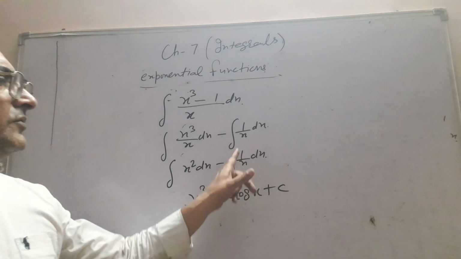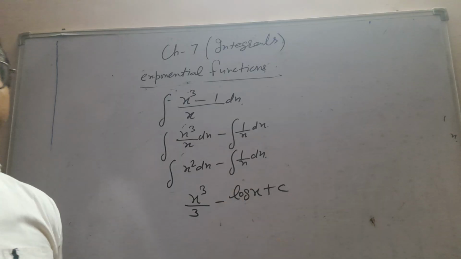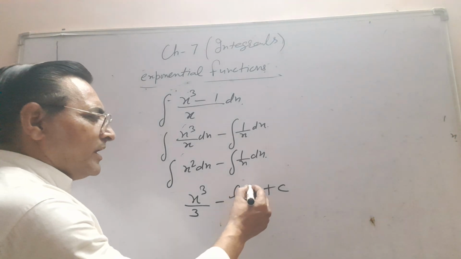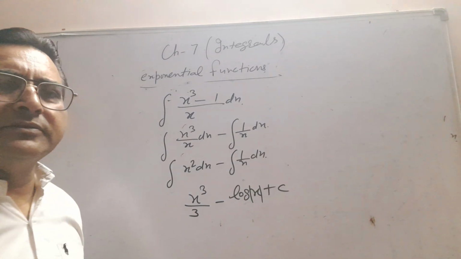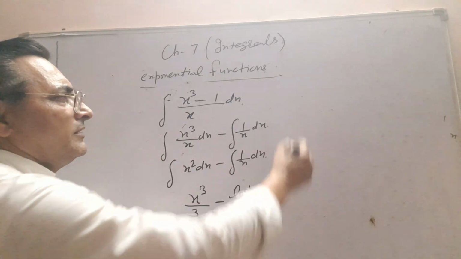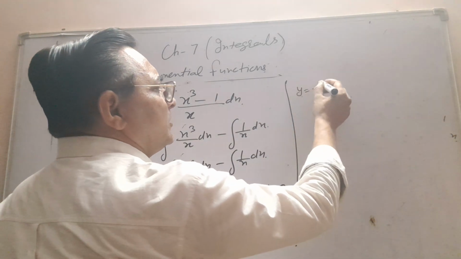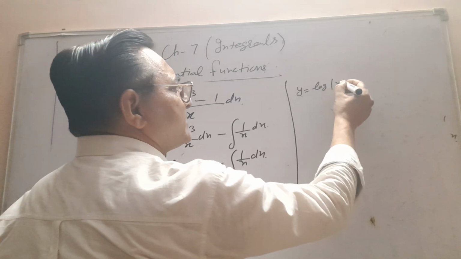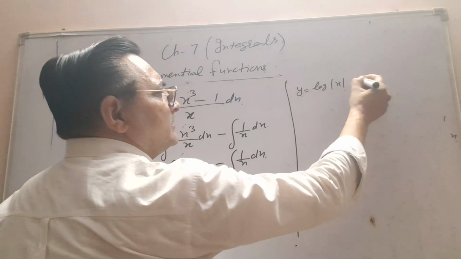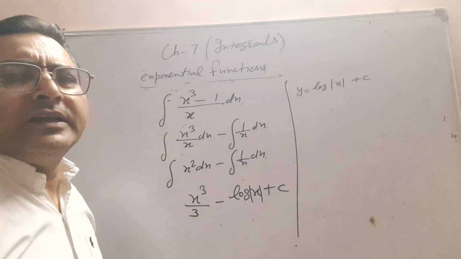Now the integration of 1 by x is log x. You can write log modulus x also. Look here, if there is a function y is equal to log of modulus x plus c, there are two cases.